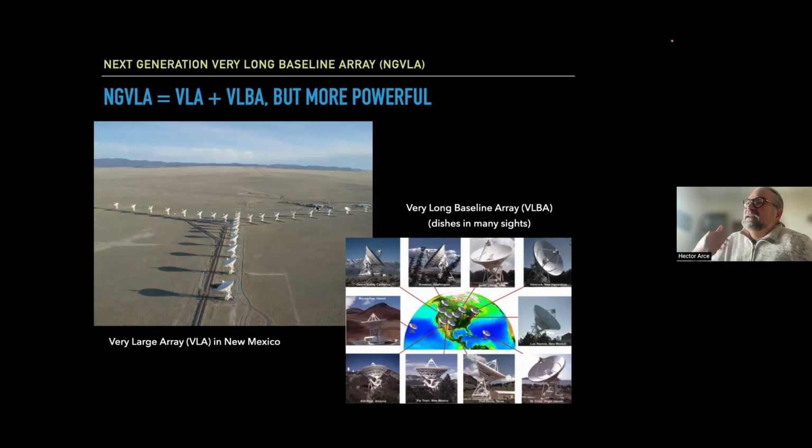So the NGVLA intends to be a combination of these two and even more powerful. The VLA is an array in New Mexico. The VLBA is also an array, but it's an array over many large distances throughout the continent.